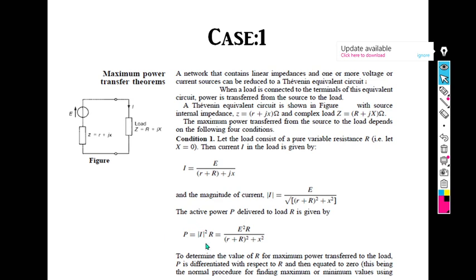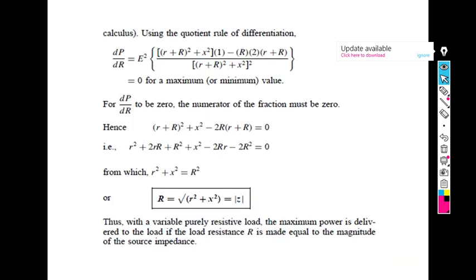Now if we calculate the maximum power, we have to take the derivative, dP by dR with respect to R. If we calculate the rate of change of power, that is equal to 0.